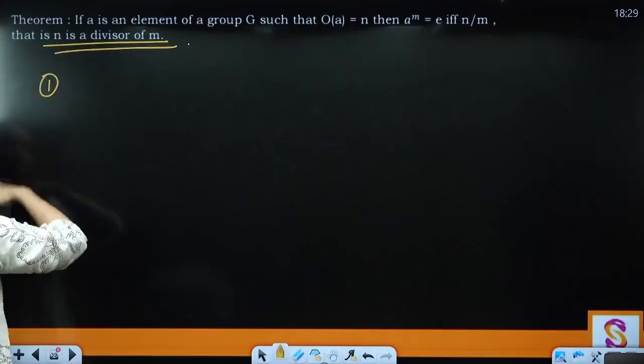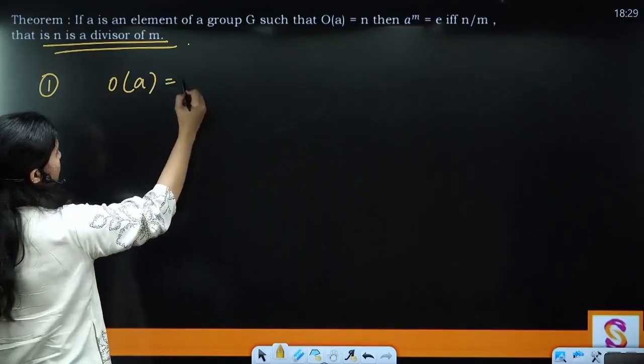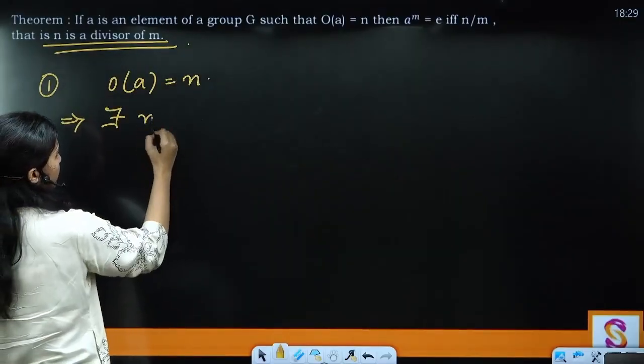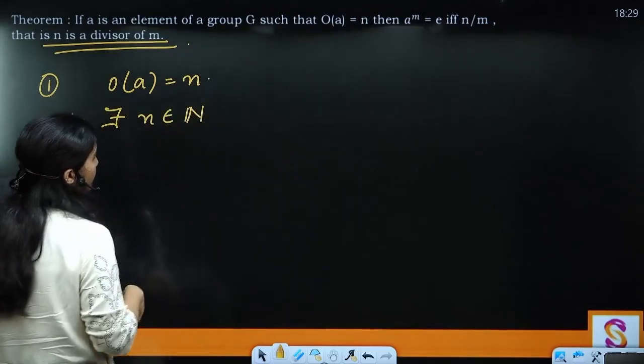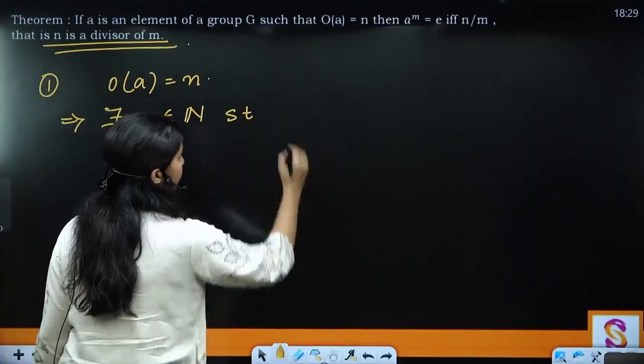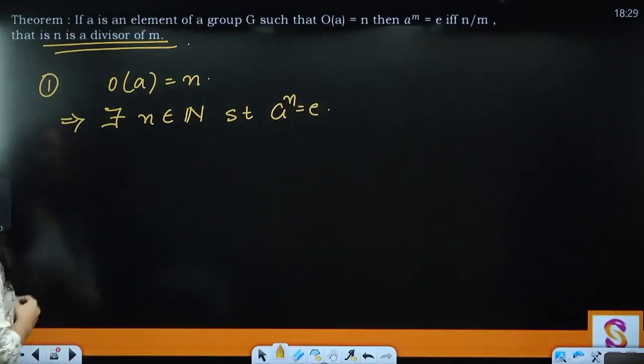First of all, let's say order of a equals n. So this implies that there exists n belonging to the natural numbers such that a raised to the power n is going to be equal to e, right?